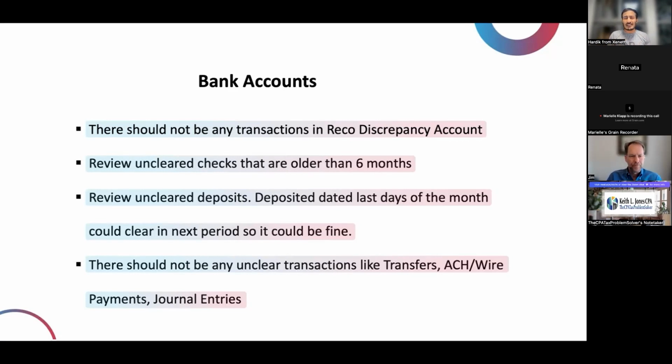We don't really expect any journal entries in the bank accounts, but at times, if you are recording journal entries in your bank account to record deposits, we want to make sure those transactions are not hanging in there since long. So the only transactions you should ideally expect in bank accounts are the checks, and those should be ones that you expect to get cleared in the next few months. That's bank accounts.